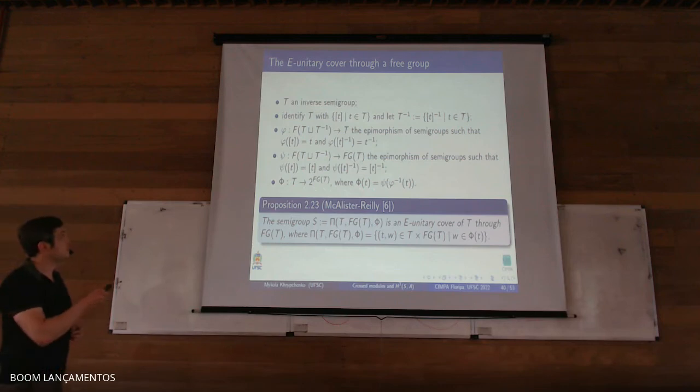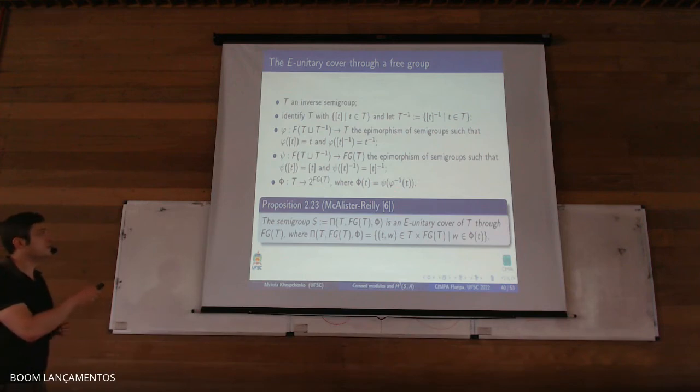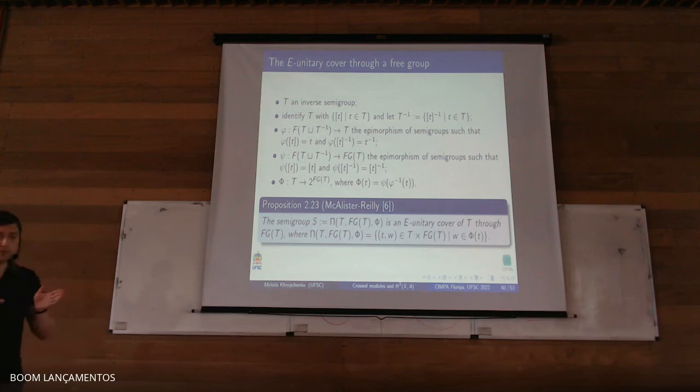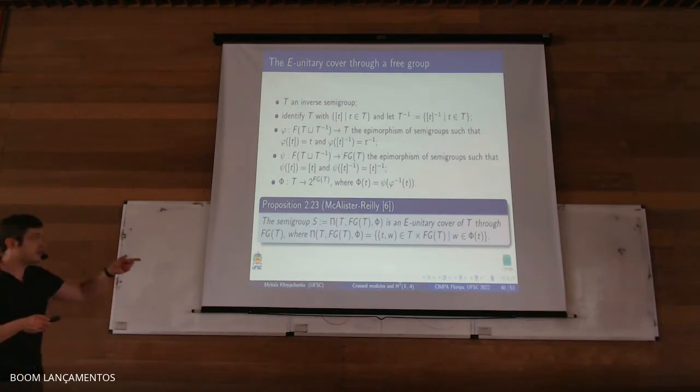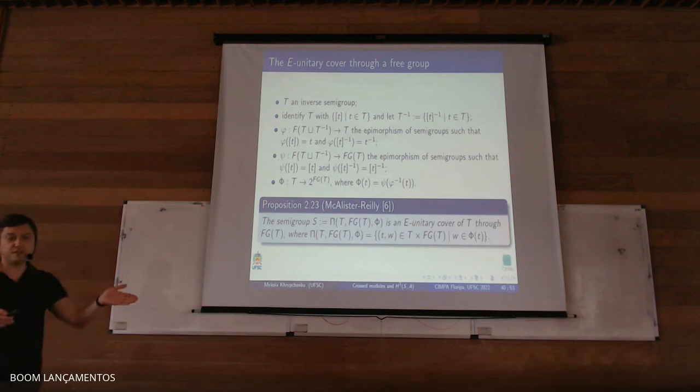Given an element of T, you consider all the representations of this element as words in the free semigroup, such that the product of letters gives you your element. And to any such word, you apply psi. You send it to the free group, which means the following.